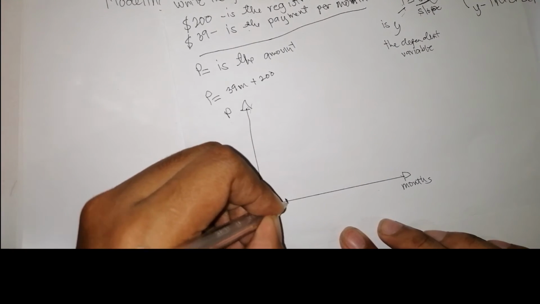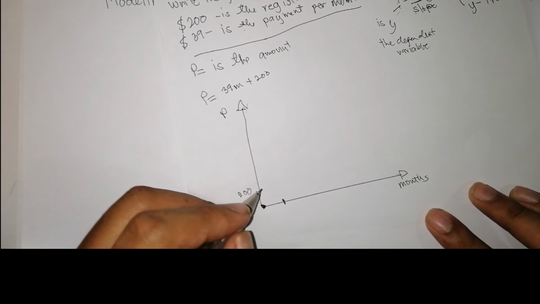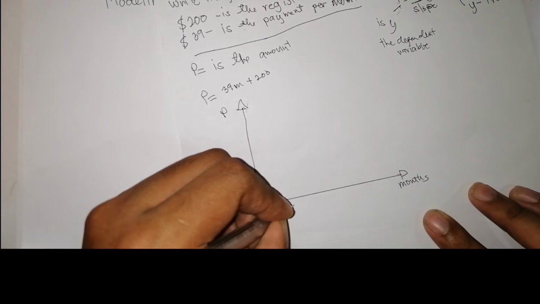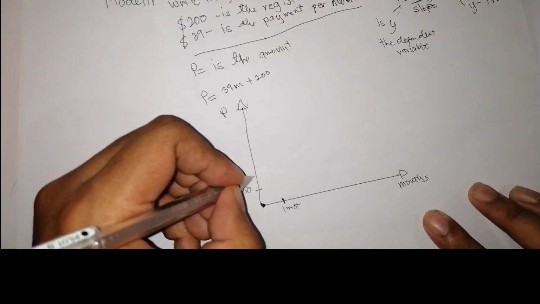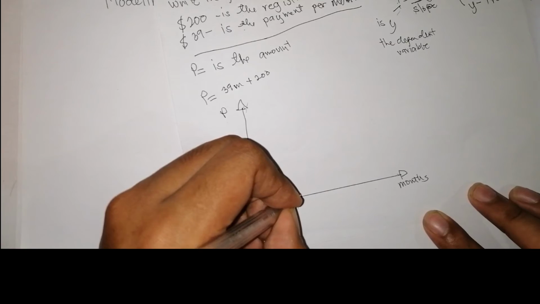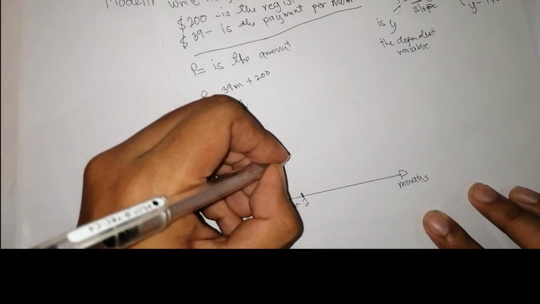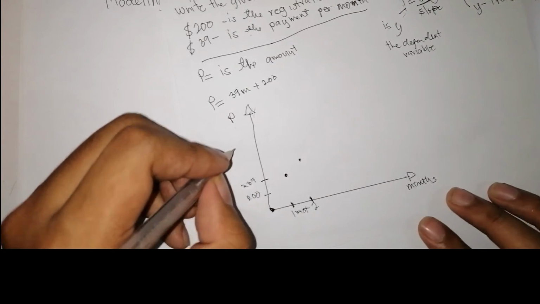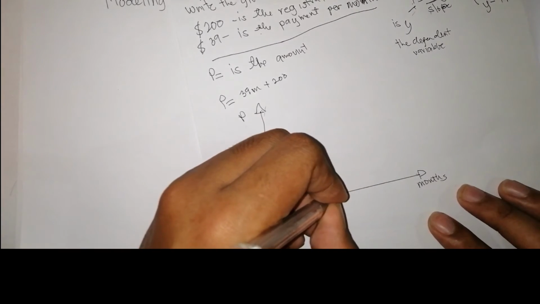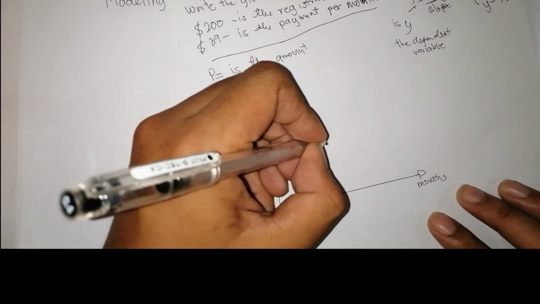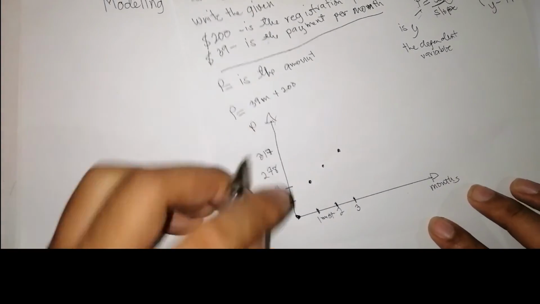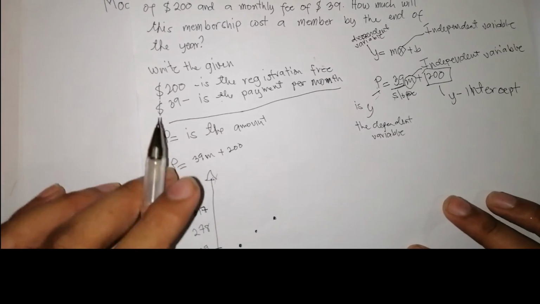Then the payment in 1 month is 239, the second month is 278, then the third month costs 317.